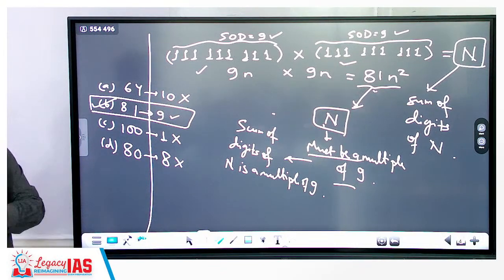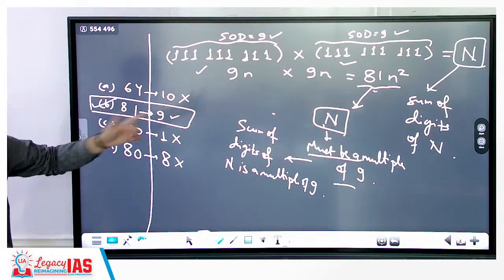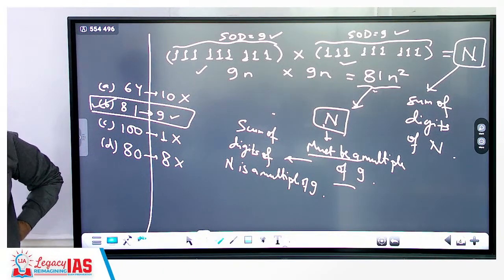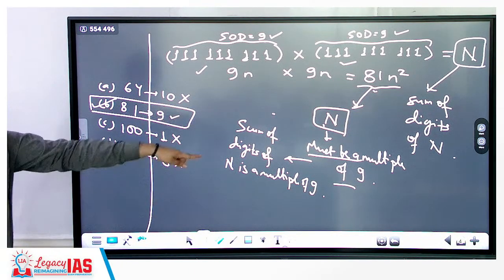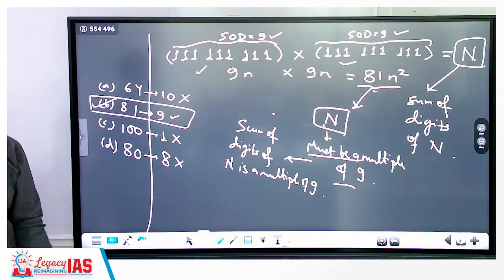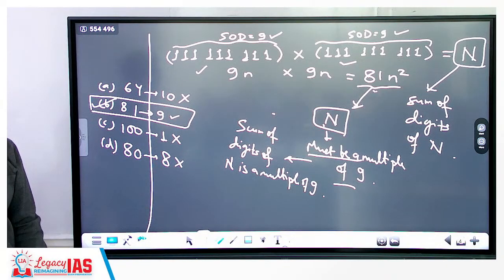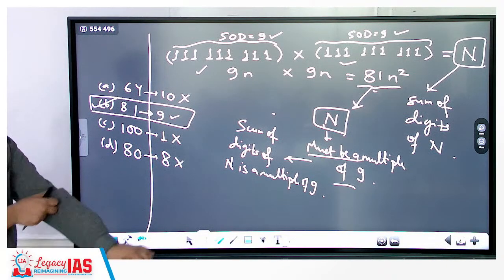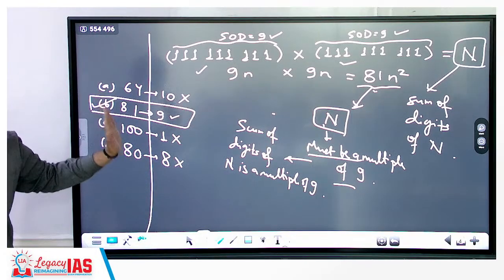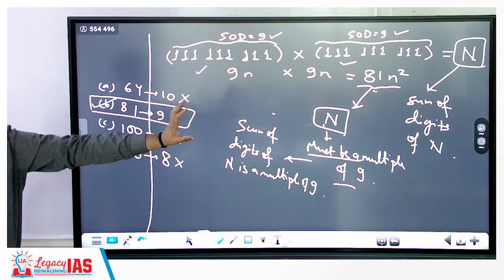So actually what they asked in 2025 was the number of digits in n. Now that you cannot tell unless you know the number. Number of digits they asked, not the sum of digits. So there is a method to get to the multiplication of this.